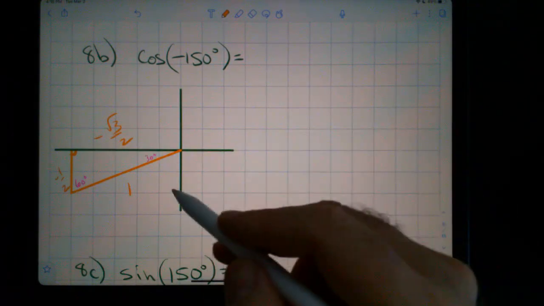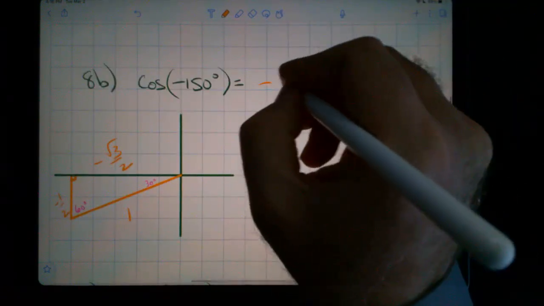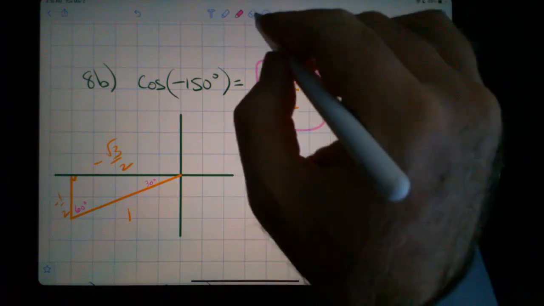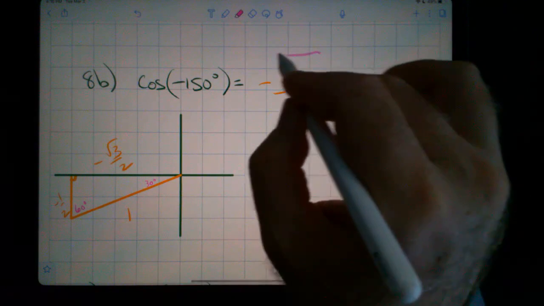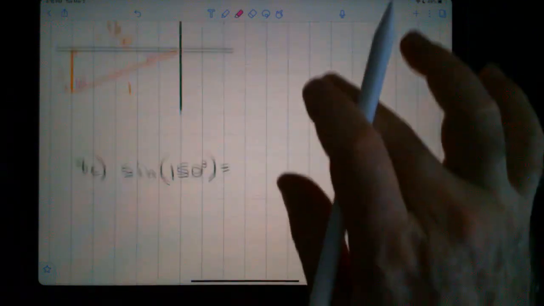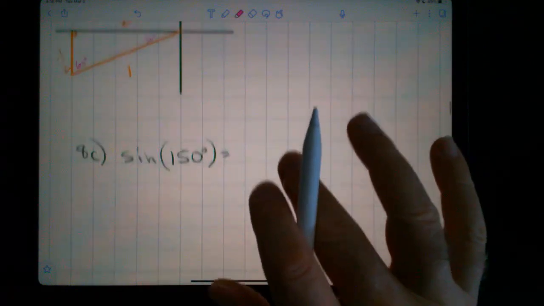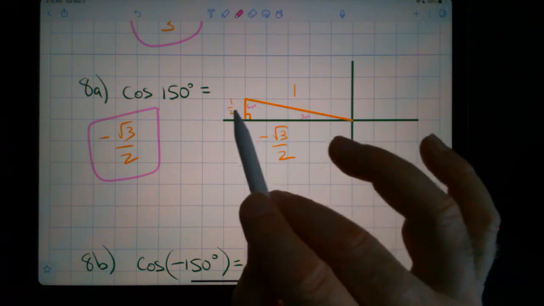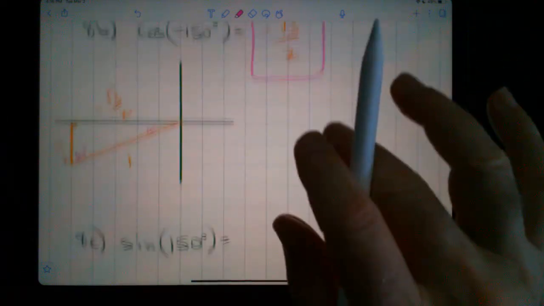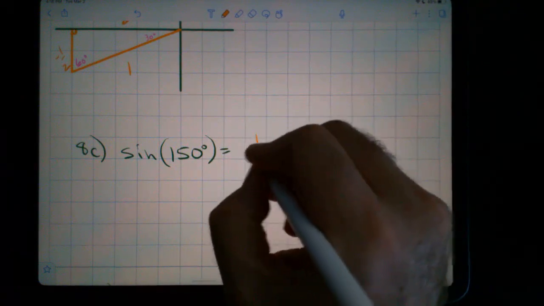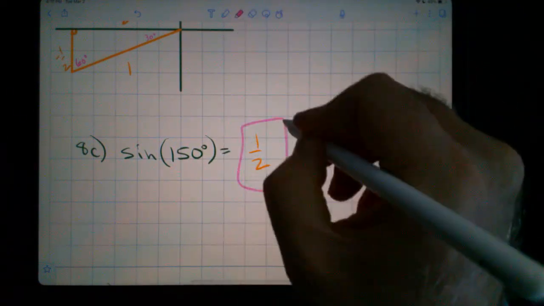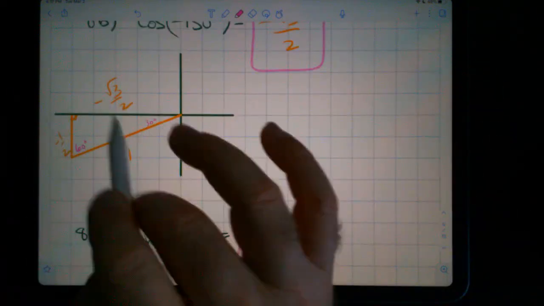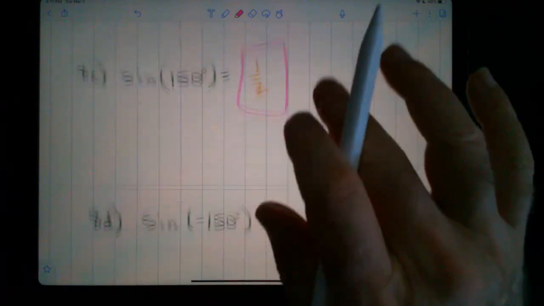So the cosine is the x value. Cosine is going to be negative radical 3 over 2. Sine of 150 degrees. So this is the triangle. So sine will be 1/2 over 1, or 1/2, positive. Sine of negative 150 degrees. This is negative 150. So sine will be negative 1/2.